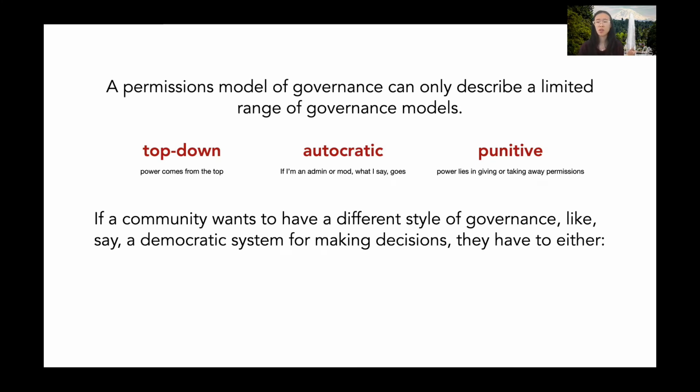So, if as a community you wanted a different style of governance, say something that's a little more democratic, you only have a couple of options on pretty much all of these platforms. You can either carry it out manually in an ad hoc way. So, maybe you're a Reddit subreddit that wants to have elections for moderators and term limits. So you could just manually go and collect votes on the platform, or use a separate platform for doing votes.